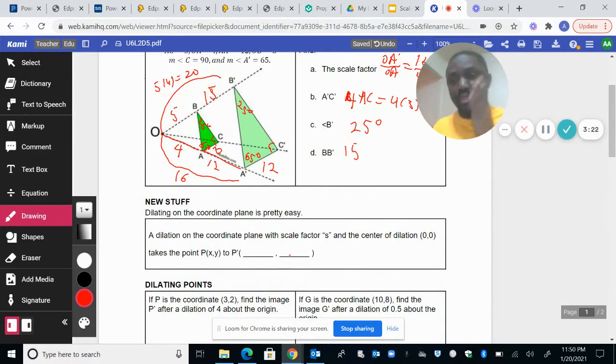Then we're going to go to the business of the day. A dilation on the coordinate plane with scale factor S and center of dilation 0, 0. So this is very important. This is an important point.